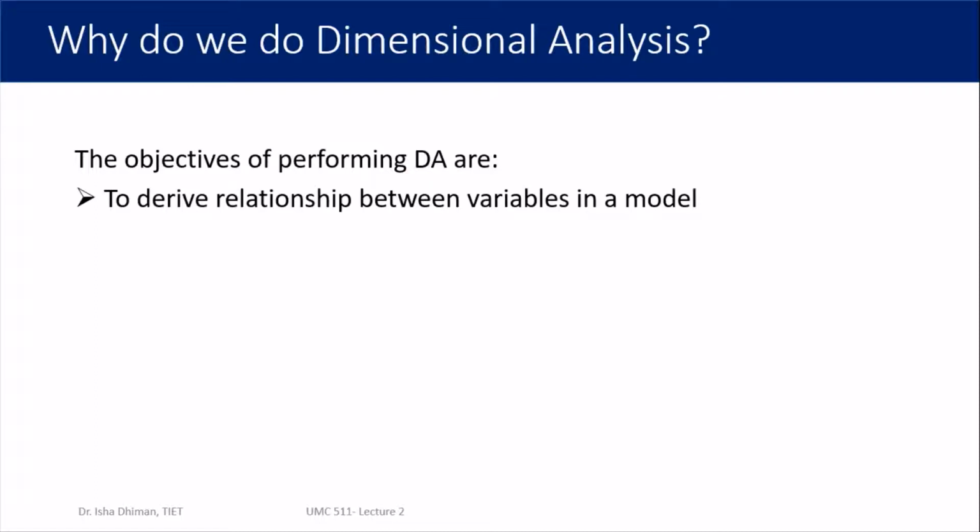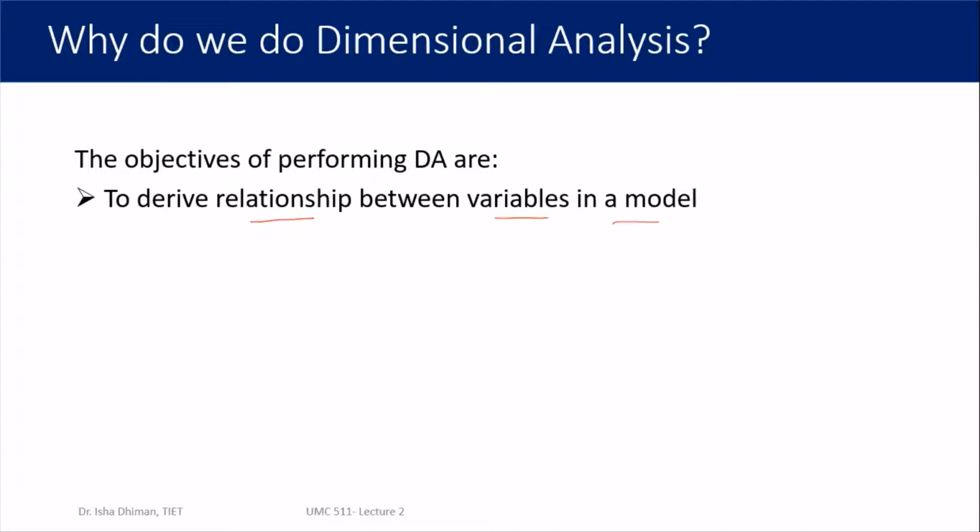Sometimes in certain examples, we want to derive relationships between variables in a model. Suppose in a particular model, you have already defined your variables. Suppose you want to model the motion of a freely falling object, so you want to see what expression is going to represent its motion.